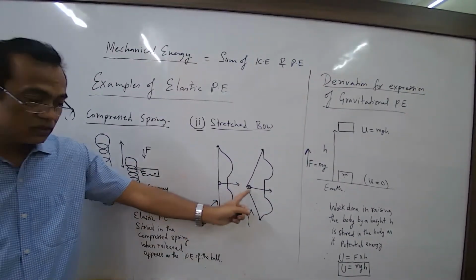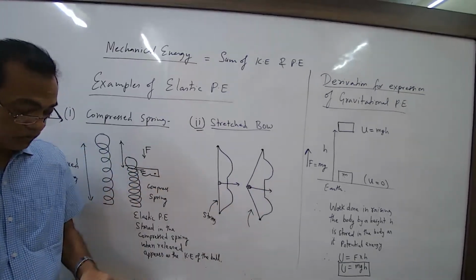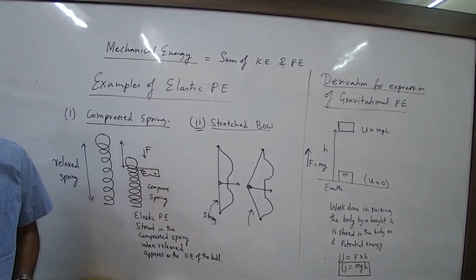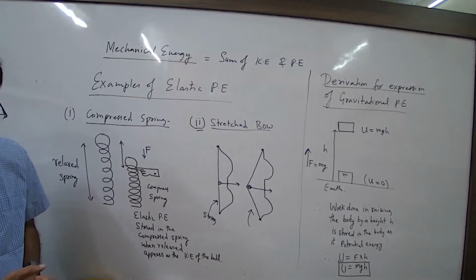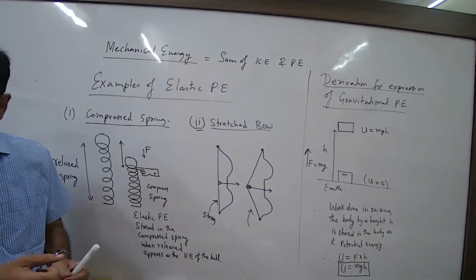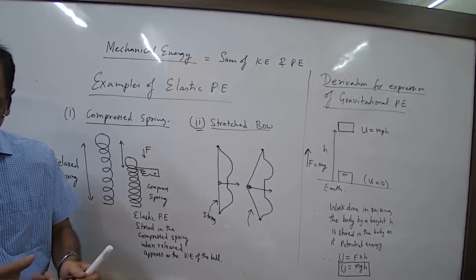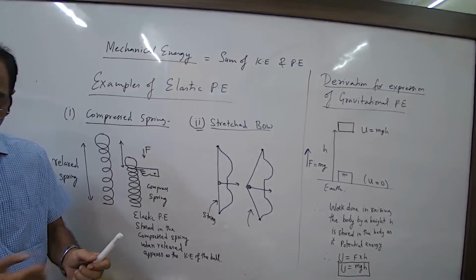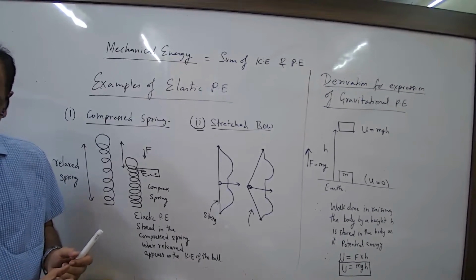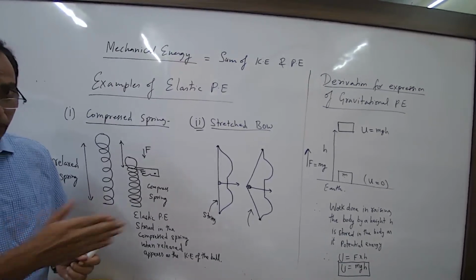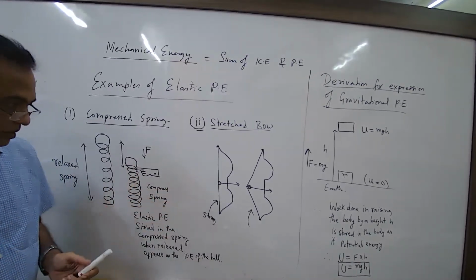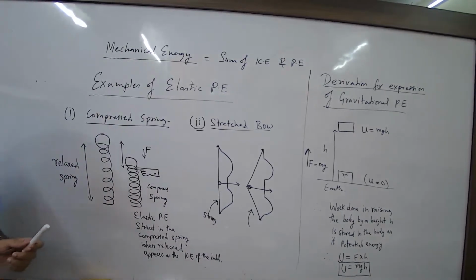This is also the principle on which a revolver or gun fires a bullet. In the gun, when the cartridge is loaded, you must have seen it is stretched behind. The trigger is pulled behind. Now when you release the trigger, that's when the bullet fires. So that's the potential energy of the spring at play.